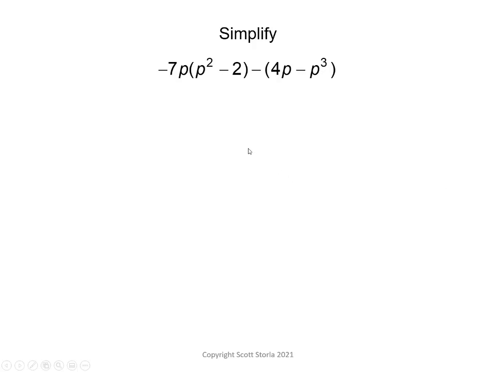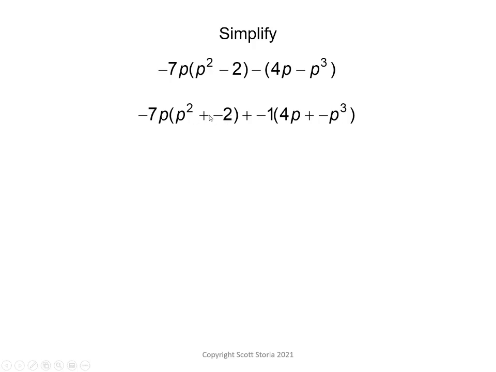Here's another. In this case, I would change these to adding opposites because there's a lot of subtractions here. This is going to be adding a negative 2 plus a factor of negative 1 plus the opposite of p cubed. I have 2 products and a sum. Products are first. I'm going to distribute and get negative 7p cubed plus 14p.